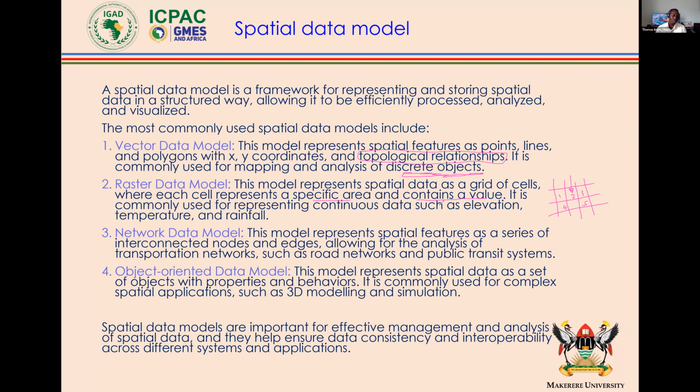Another special data model is called the network data model. This data model represents spatial features as a series of interconnected nodes and edges. Things like road networks, transport networks, the roads that you use, these are all network data models.